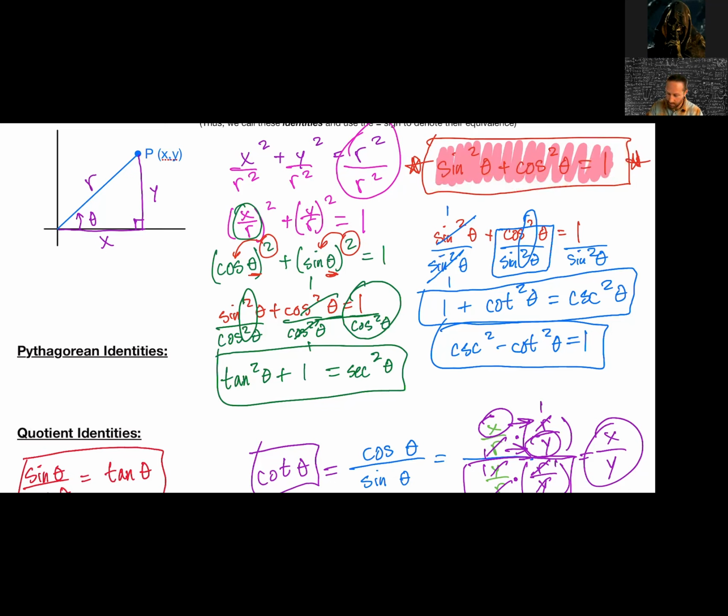Or if you have cosecant of an angle, let me fix that, that's ugly. Cosecant of an angle minus cotangent of that same angle being squared, then that's also equal to 1. Or over here, if I wanted to get it set equal to 1, I would have to subtract the tangent to both sides, and I'd get secant squared minus tangent squared is also equal to 1.